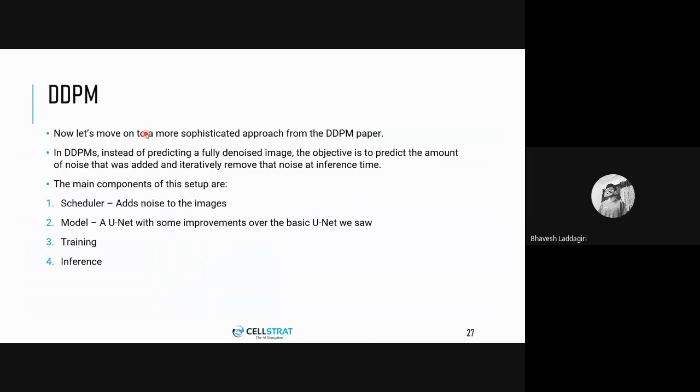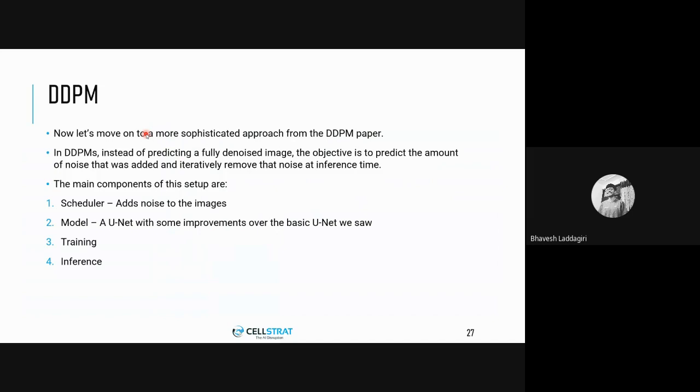The idea of sampling is basically to remove noise in some multi-step way, so it could be anything. In our case, our model won't predict the image, but rather the actual noise that was added to generate that image.